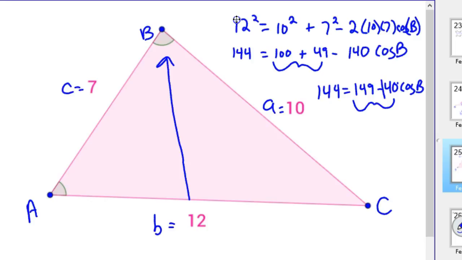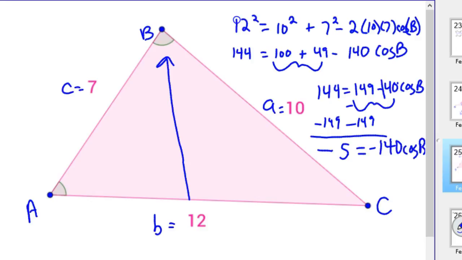So we're going to have to subtract the 149 over. So we'll subtract 149 from both sides. And so you'd have, well, 144 minus 149 is negative 5 equals negative 140 cosine B. Now you can go ahead and divide by the negative 140, and we can pull up our calculator.